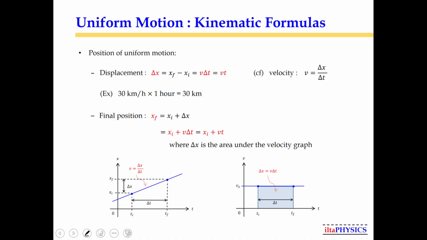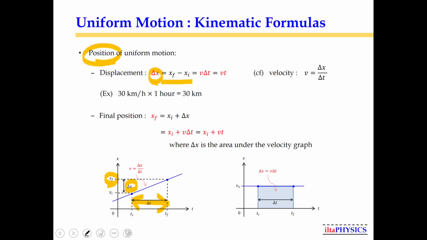Now, let's look at the equation for position in uniform motion. Our usual concern is, after the object starts moving and finishes moving, where is its final position? To find an object's final position, you first need to know its displacement. Displacement is defined as final position minus initial position.